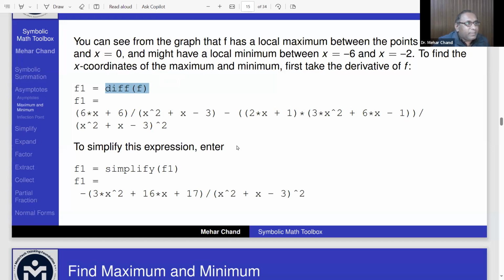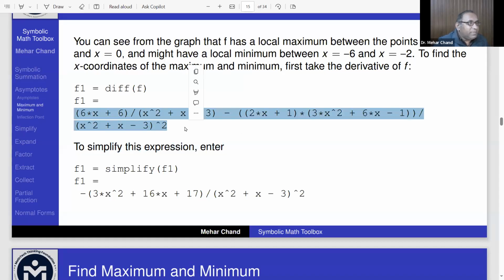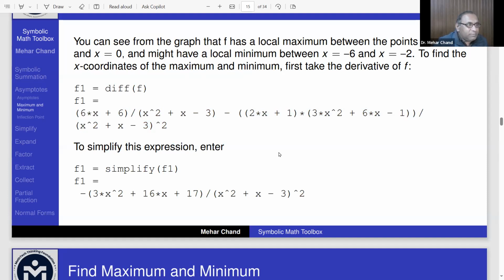Then what will you do? Simplify, because after differentiation we have the value at this place, but we need to simplify it. When you use the simplify function, the above expression is reduced into this form. Also there is the pretty function.